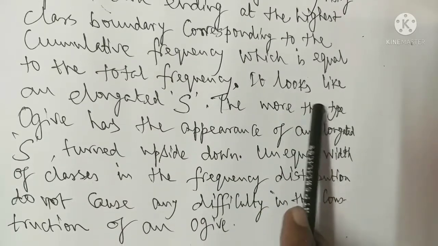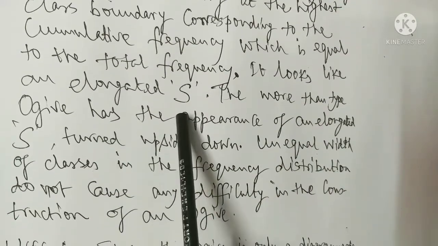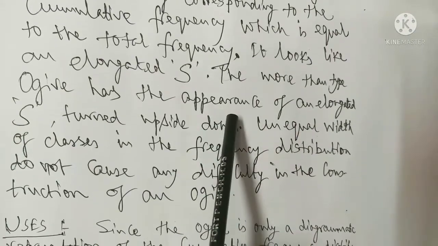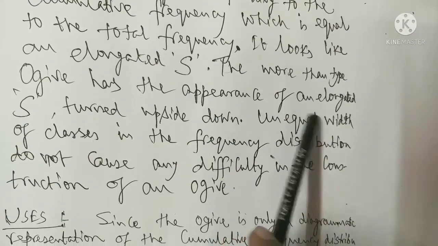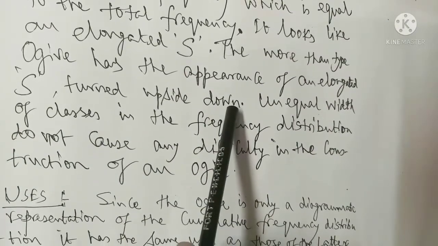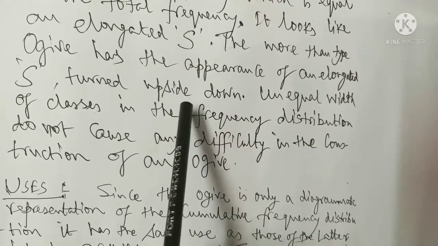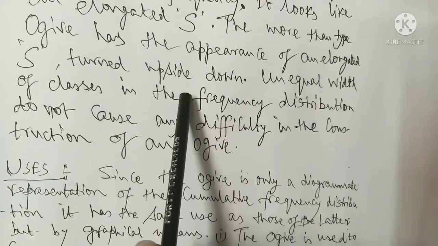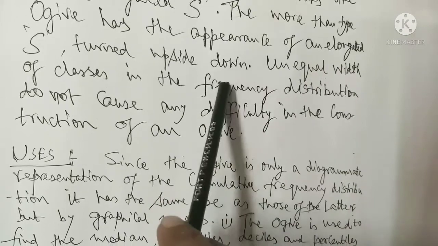It looks like an elongated S. The more than type ogive has the appearance of an elongated S turned upside down. Less than type goes from below to up, and more than type goes from up to below.